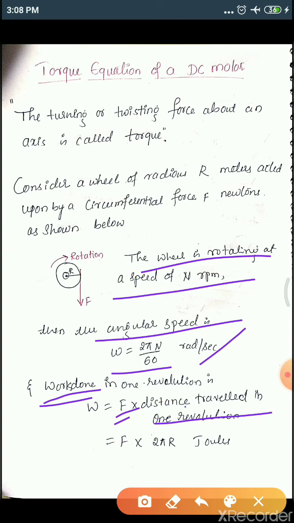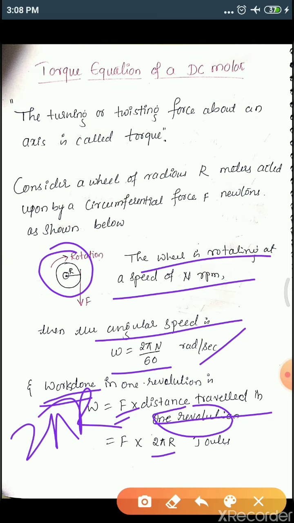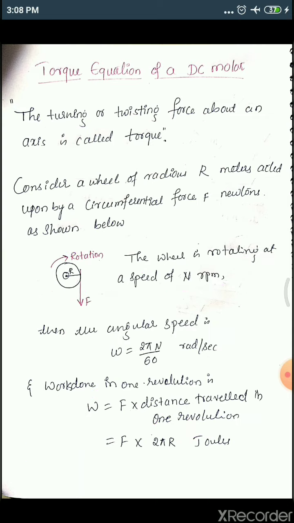The distance traveled in one revolution is the circumference of the circle, which is 2 pi r. So the work done is F into 2 pi r joules.